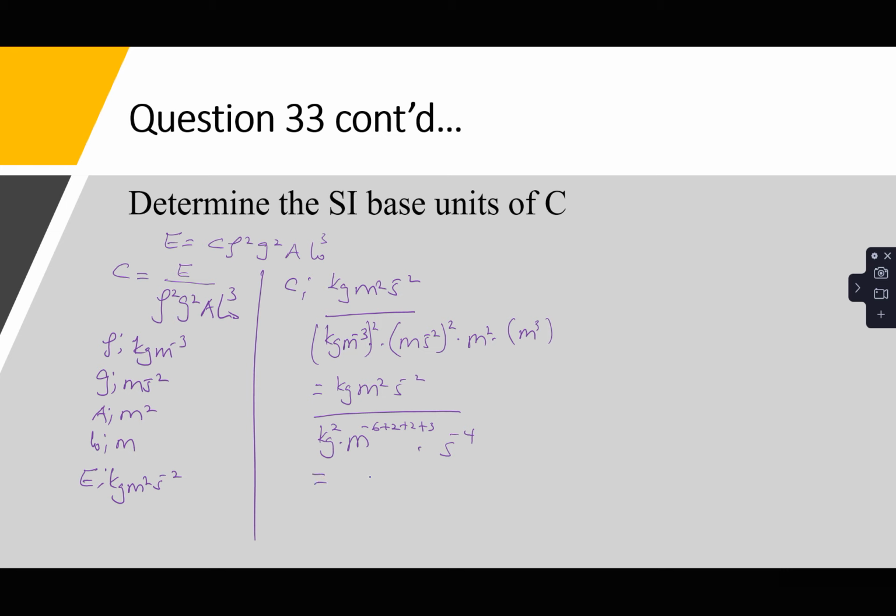So this becomes kilogram m squared s power negative 2 divided by kilogram squared, m power negative 6 plus 7, that is m power 1 actually, then times s power negative 4. So we are now simplifying. Kilogram divided by kilogram squared becomes per kilogram.